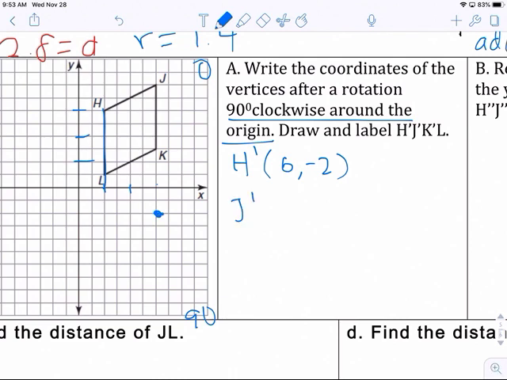J prime: J is 6 and 8, so it's 8 and negative 6.